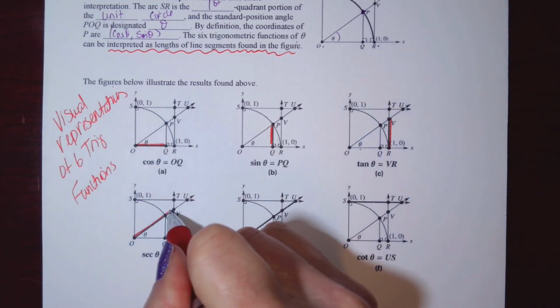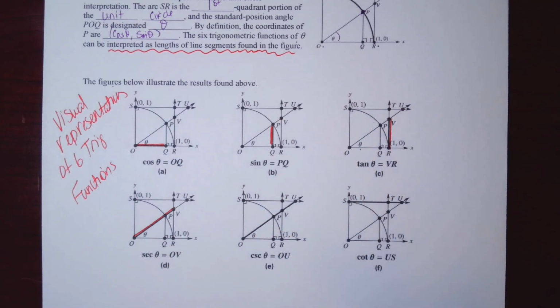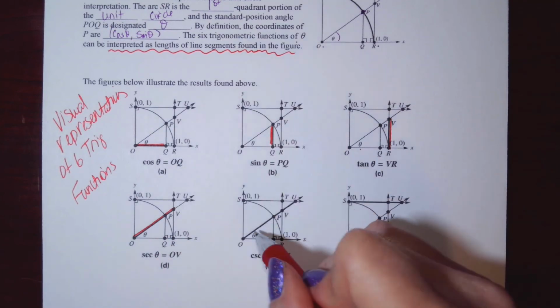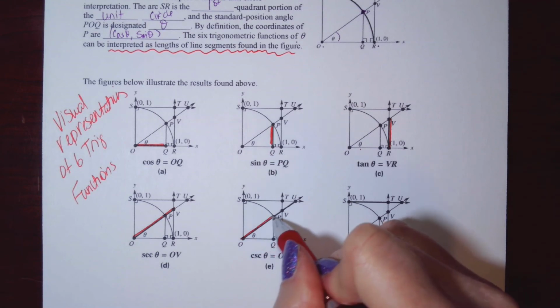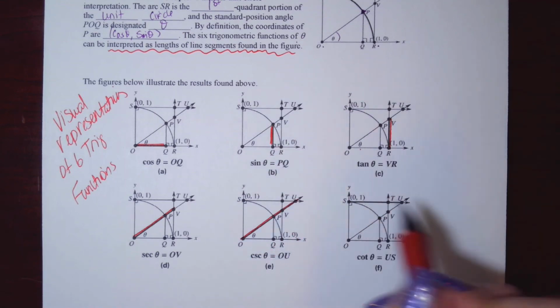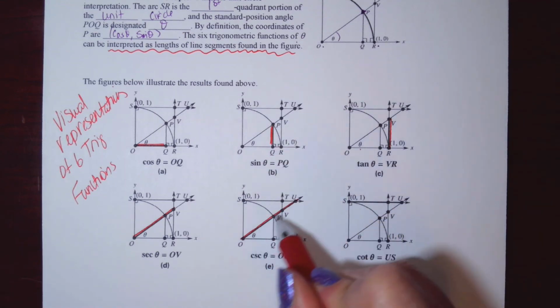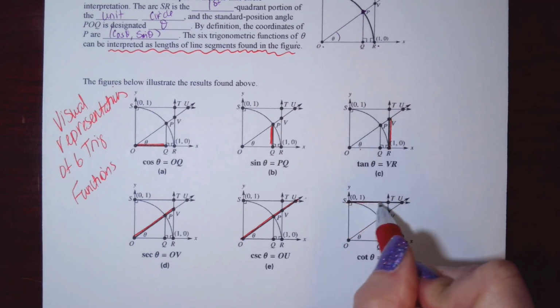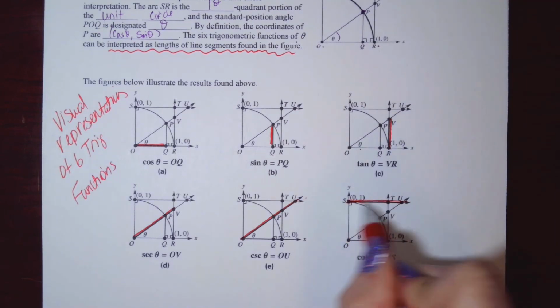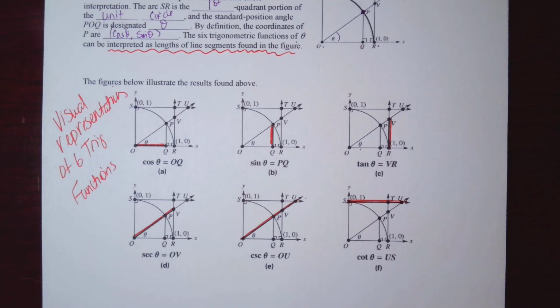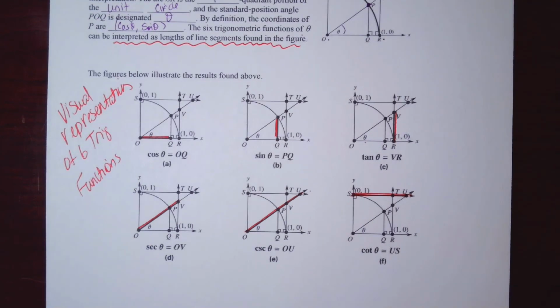Secant is here if I extend that out to the tangent line. Cosecant is all the way out here that I extend my radius of my circle all the way out to the cotangent segment line. There's my cotangent segment. So there's another look at what those 6 trig functions would be.